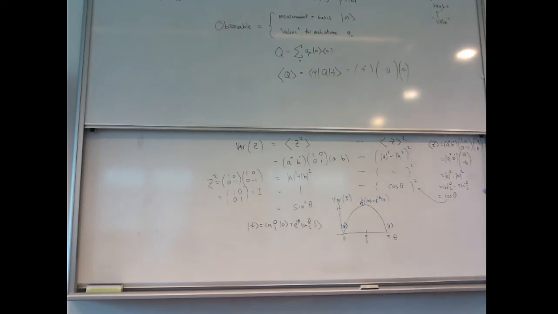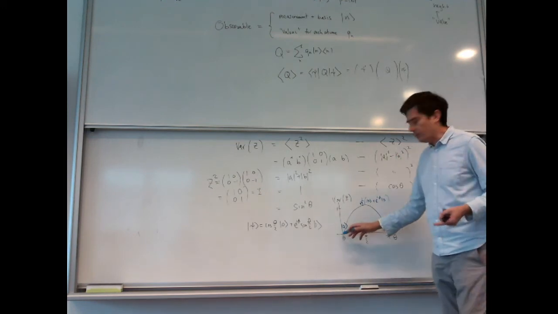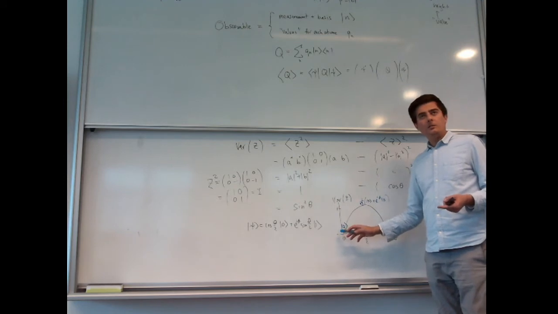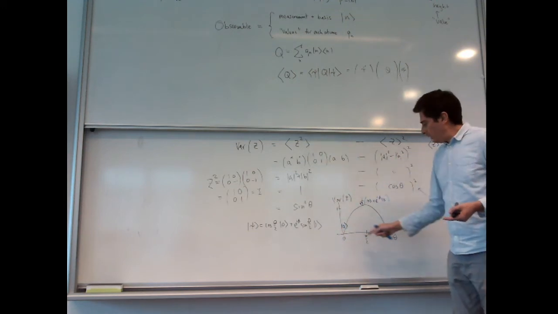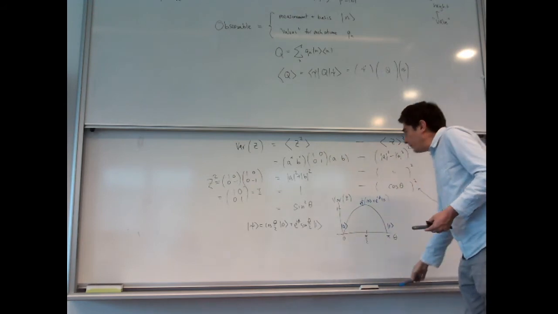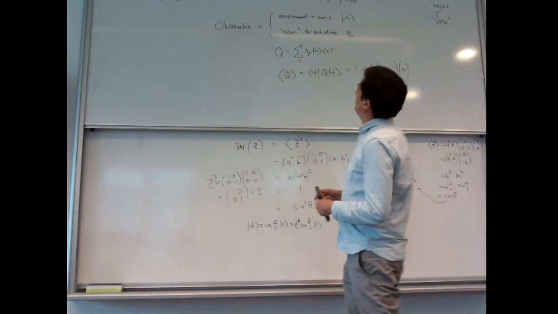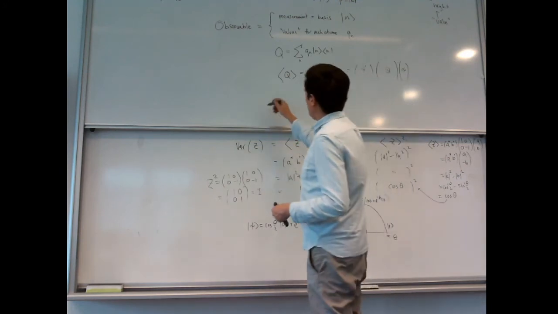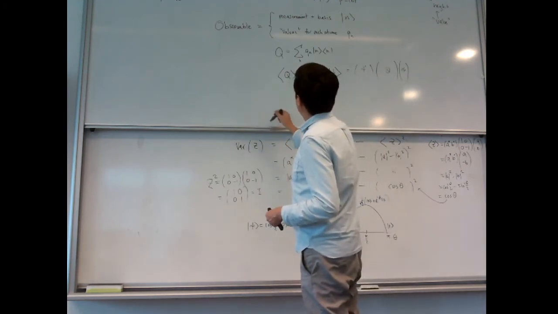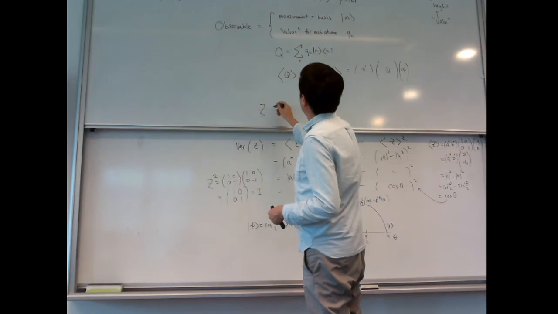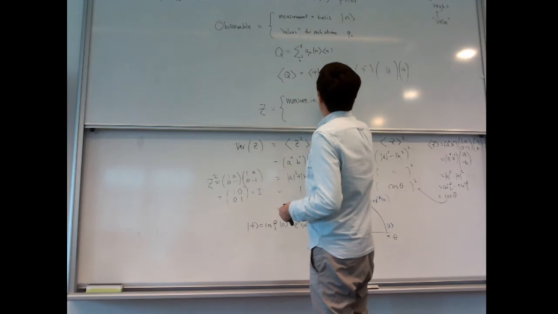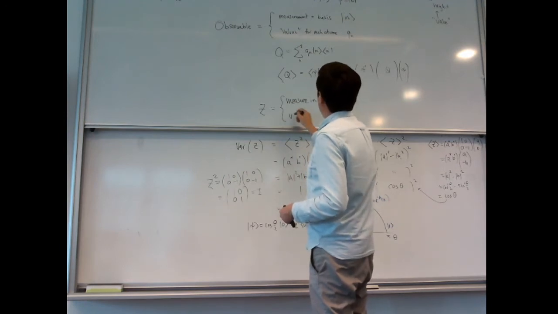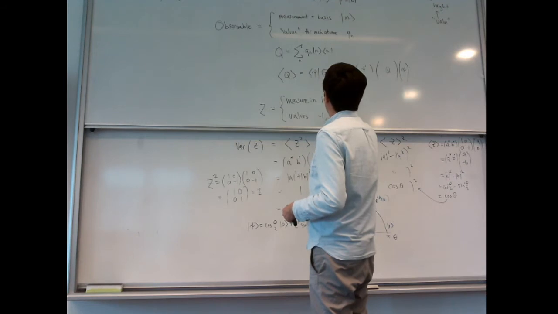So the variance here is 0. In terms of our observable z, if we remember, the z observable means we measure in the 0, 1 basis, and the values are -1 and 1, right?